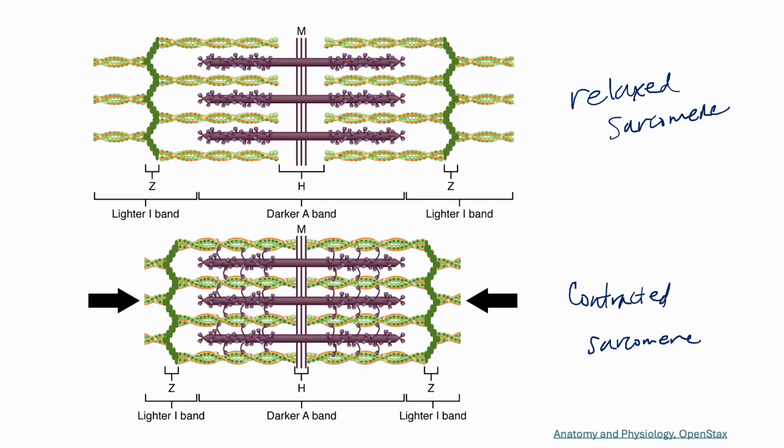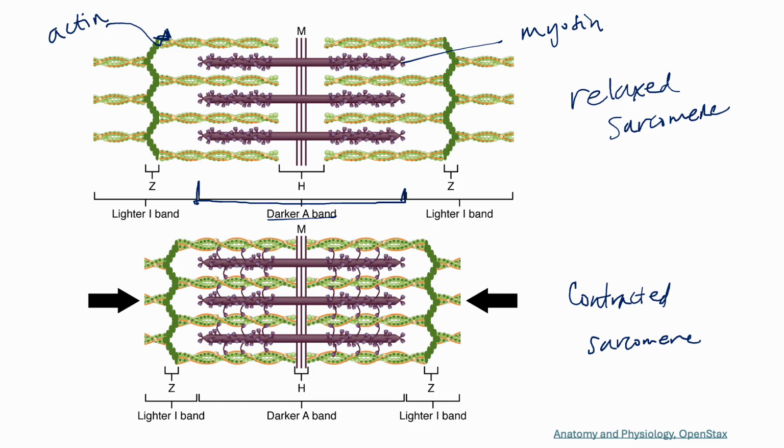Now, there's a lot to take in on this slide, but the first thing I want you to see is in this particular slide, the myosin proteins are purple. They're the thick filaments. And the actin proteins are green. We still have our banding. So everywhere where the myosin proteins are present, that's the A band, the darker band.